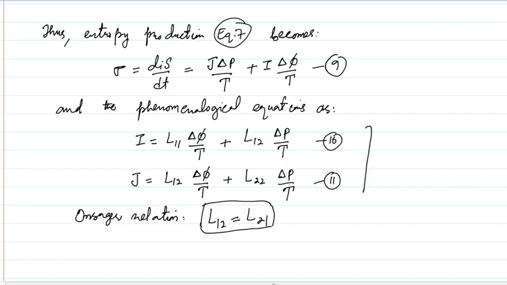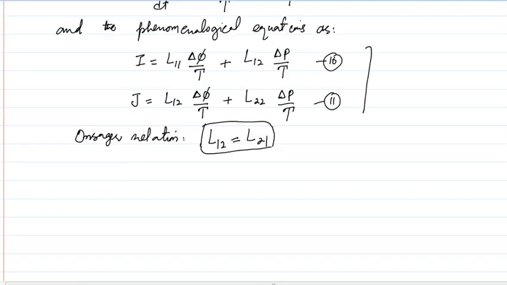From the Onsager relation we also have the cross-effect coefficient, L12 equal to L21, which is due to the interference of two irreversible processes.